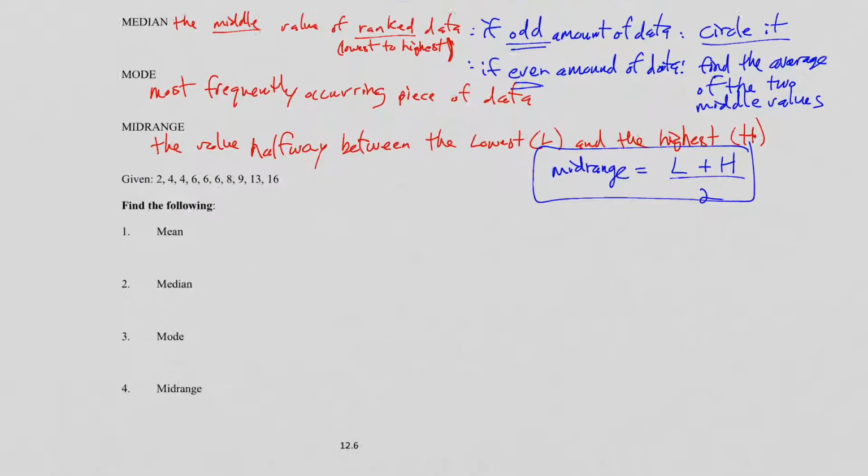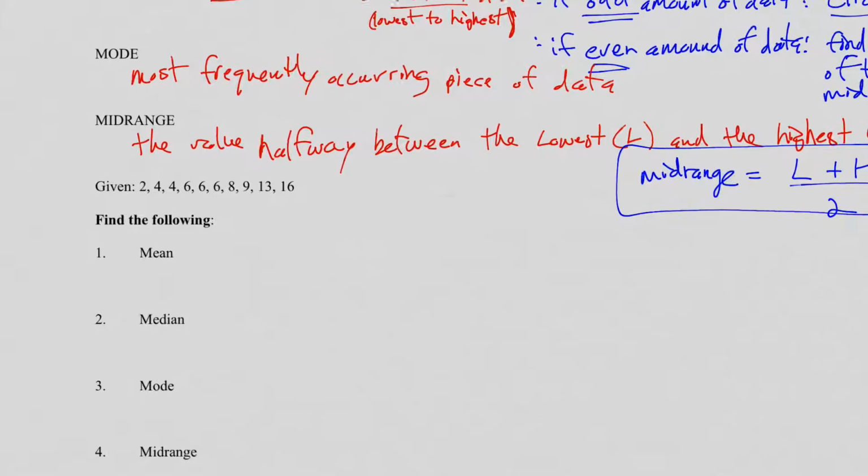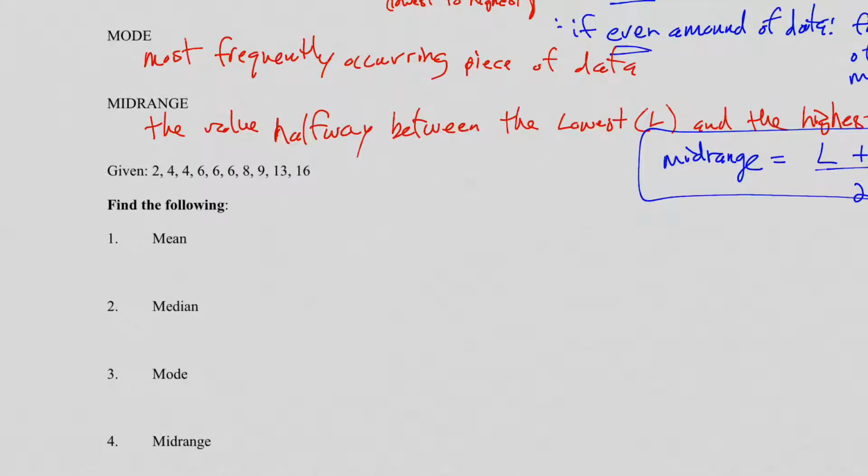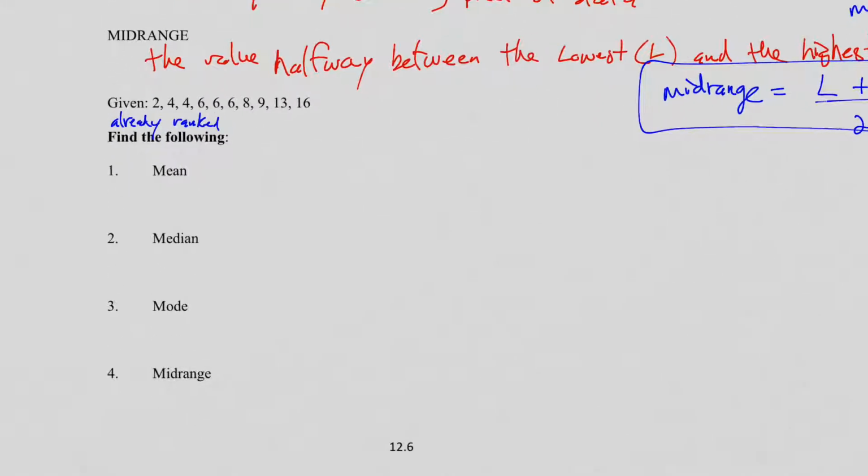Now let's take a look at this set of data here, and it's already ranked, from lowest to highest. Now we can start calculating these different measures that give us one number that represents this set of data. For the mean, we have x bar equals the sum of all the numbers. We're just going to add these up.